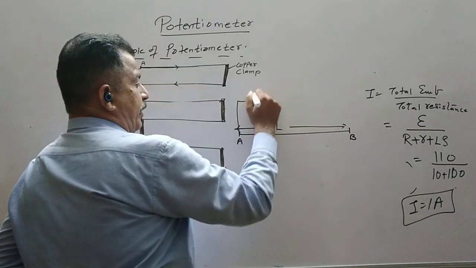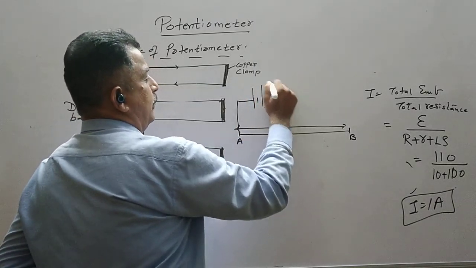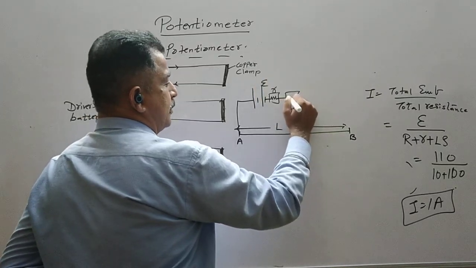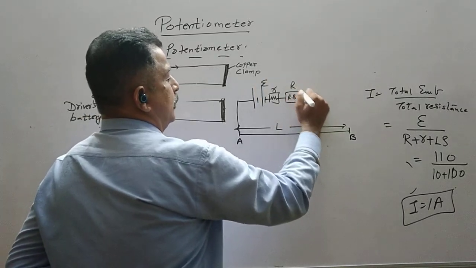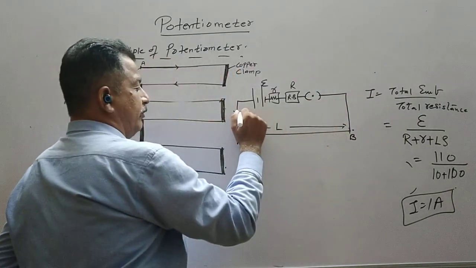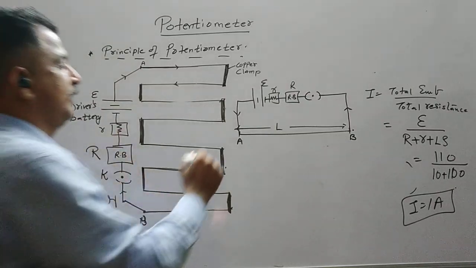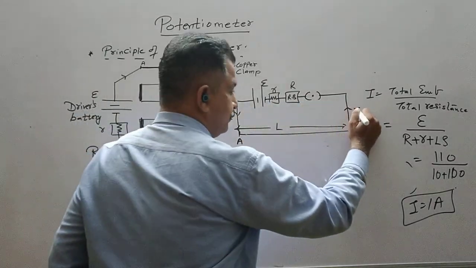This is our driver battery, internal resistance, external resistance or a resistance box, and a key which is closed. So current will start flowing. The current flowing in this is 1 ampere.